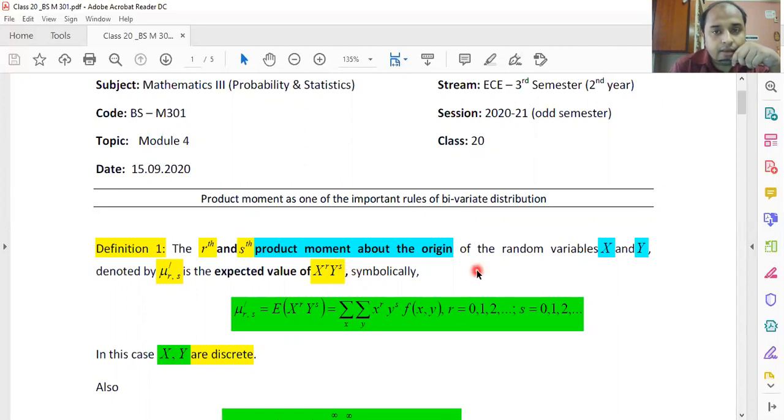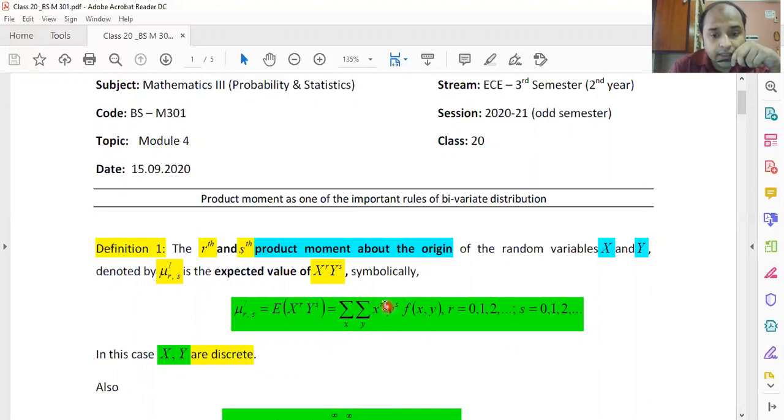And symbolically we write this expectation as a double summation over the values of the random variables capital X and capital Y. Here small x and small y represent the values of the variables capital X and capital Y. The summations are taken over the quantity small x raised to the power r multiplied by small y raised to the power s multiplied by fxy, where fxy represents the probability mass function, as capital X and capital Y are discrete random variables.